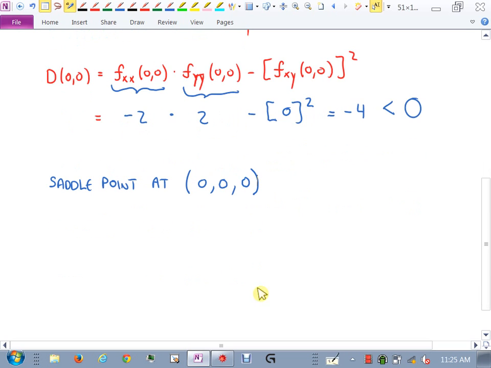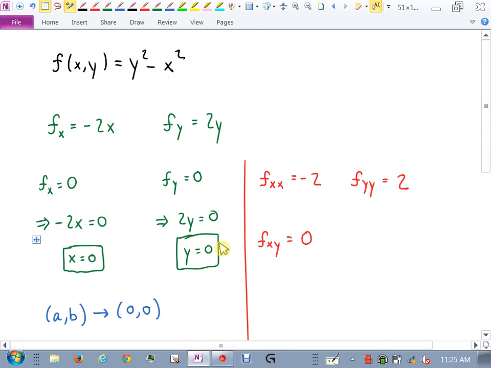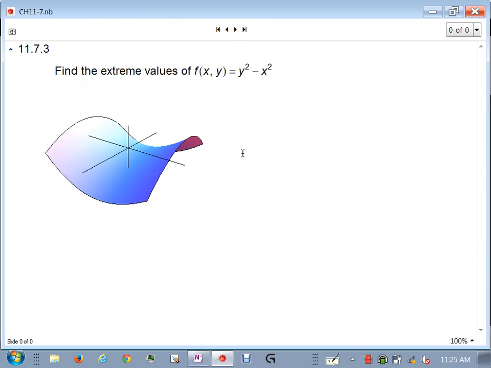Because if we go back to this picture and I say, where's the saddle point? If you say, okay, it's right there, what is that point? You can't tell me it's 0, 0 because 0, 0 is two-dimensional. It's the ground, right? I want the actual point on the surface.